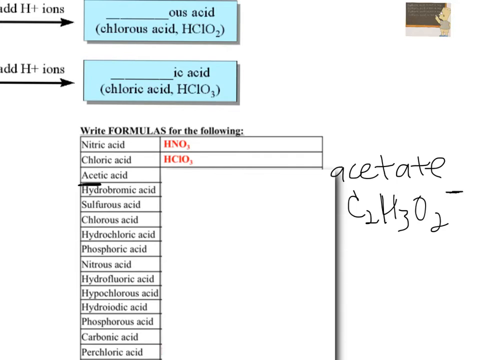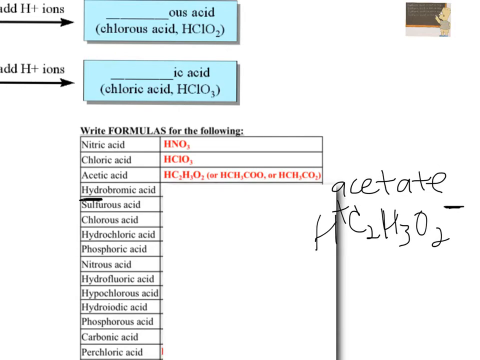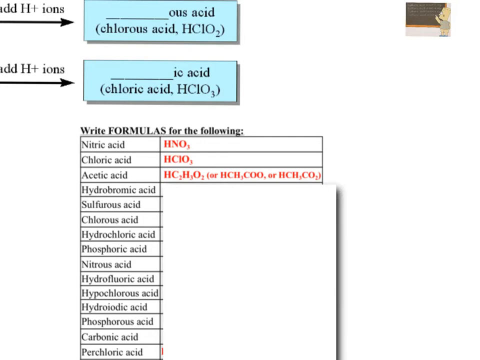That's the formula. It has a -1 charge, so again, I only need 1 hydrogen to go with it. And there are different ways that you'll see this written down. It just depends on, again, what list of polyatomic ions you're using. But for us, we're just going to use this one here because I like it. It's shorter. It's more succinct. Okay.